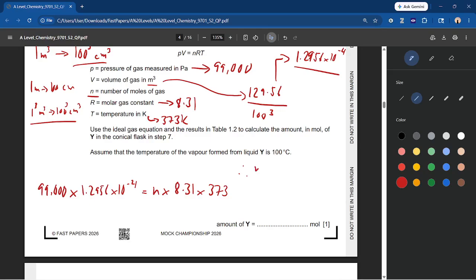So n is equal to 99,000 times 1.2956 into 10 to the power minus 4, and then you divide all of that by 8.31 times 373. And you're going to get a nice clean value of 4.138 into 10 to the power minus 3 moles.